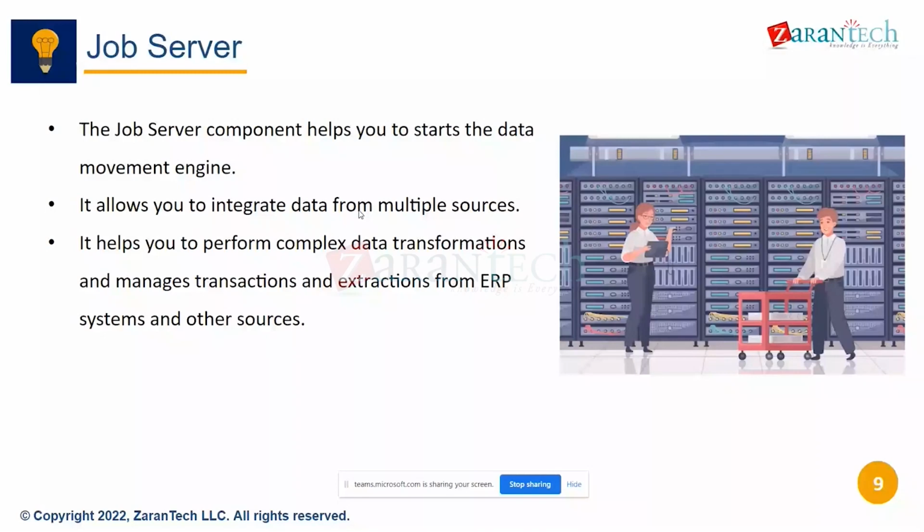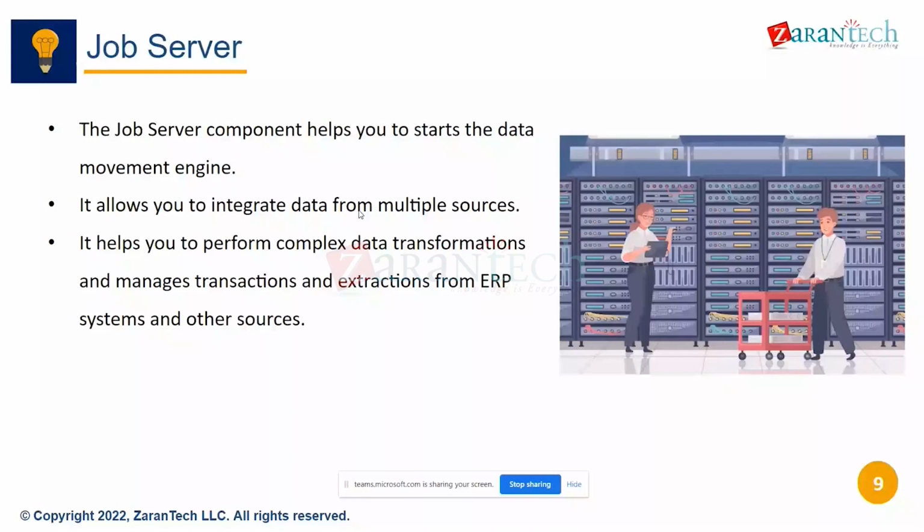And obviously the third point is complex scenarios. However much metadata there is, all of that metadata will be stored in the job server. For example, there is a scenario where we have a very huge amount of data that we are getting from the source, and we have a large number of transformations in our project.